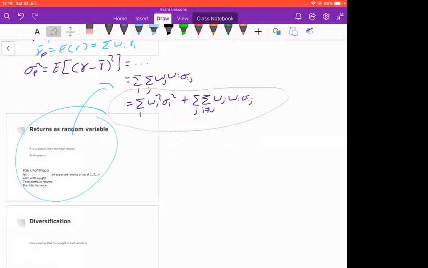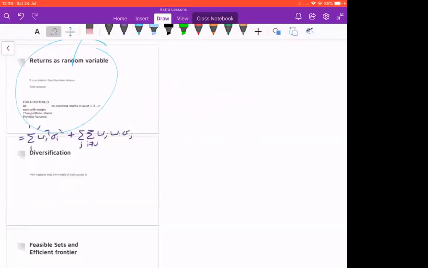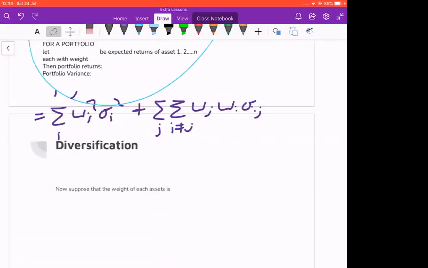We're going to move to diversification first. In this section, we are trying to see what will happen when you enlarge and vary the products or assets in an investment portfolio.